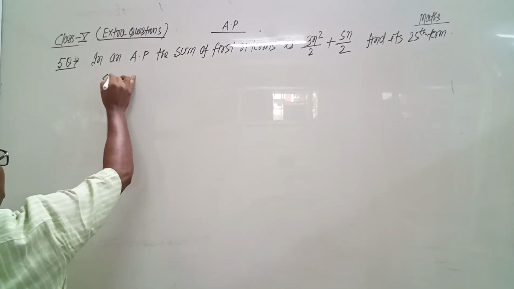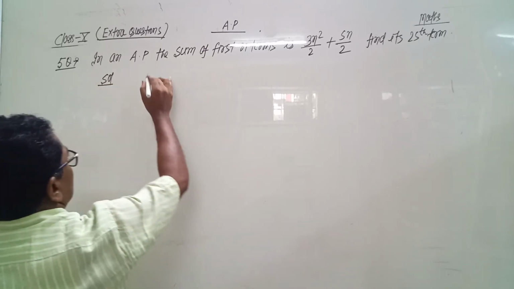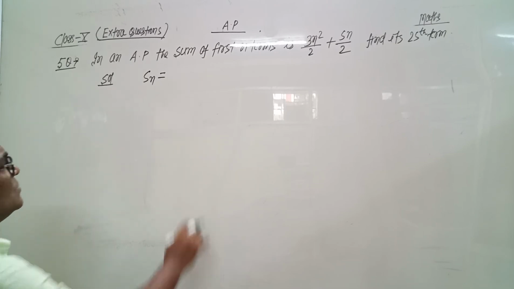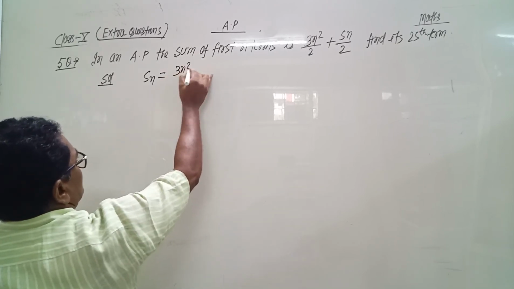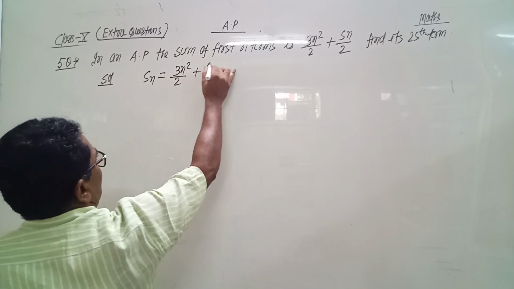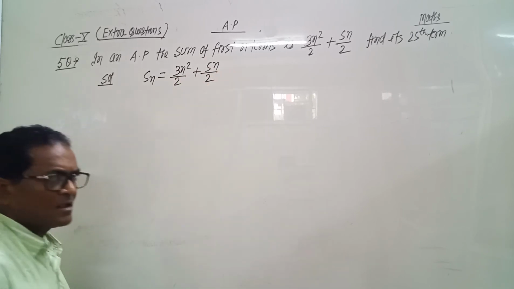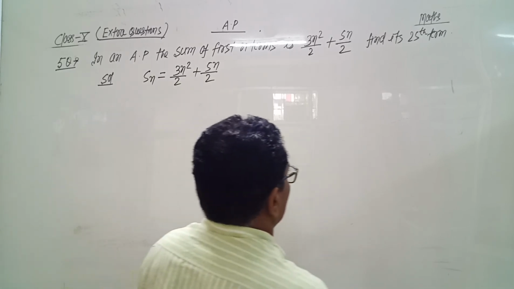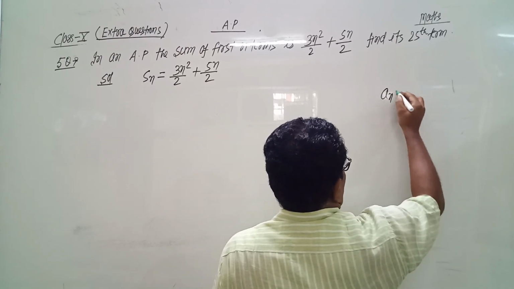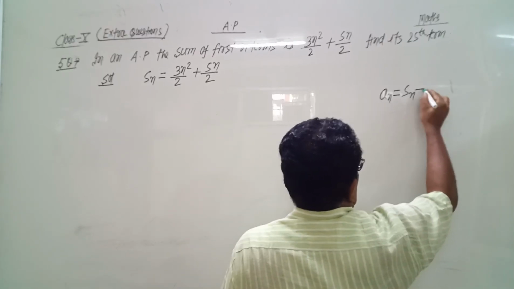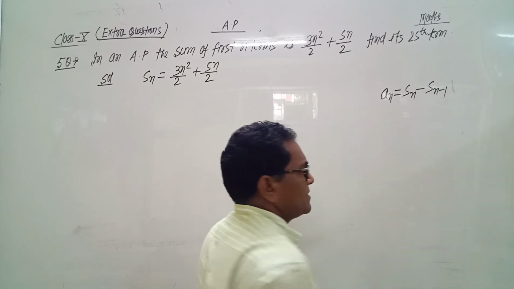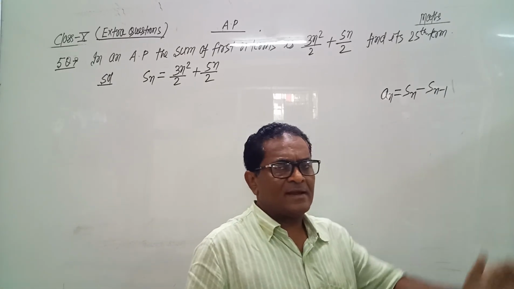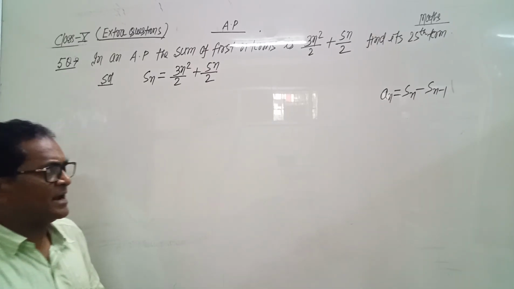So in this question we are given the sum of first n terms, meaning Sn is given. The value of Sn is 3n square by 2 plus 5n by 2, and we have to find its 25th term. So the formula to find An when Sn is given: An equals Sn minus Sn minus 1. n minus 1 means the term just before the nth term.